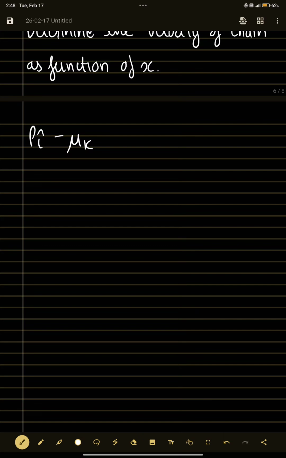How much is that? X into, but X is not the complete part. X by 2. X by 2, very good. Do you agree why it should be X by 2? How can you prove that it should be X by 2?